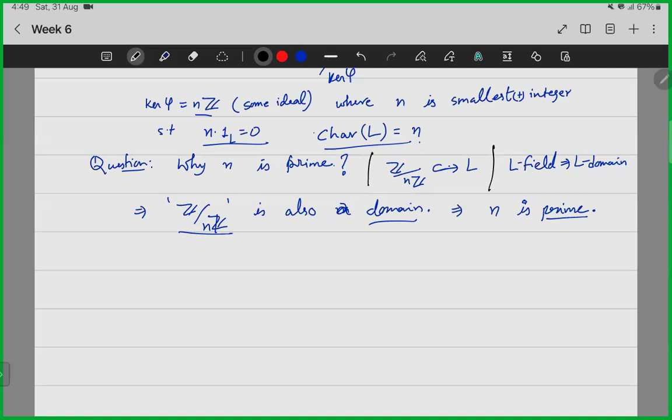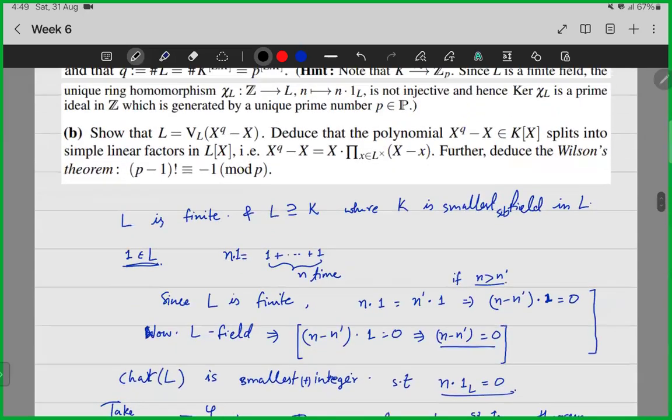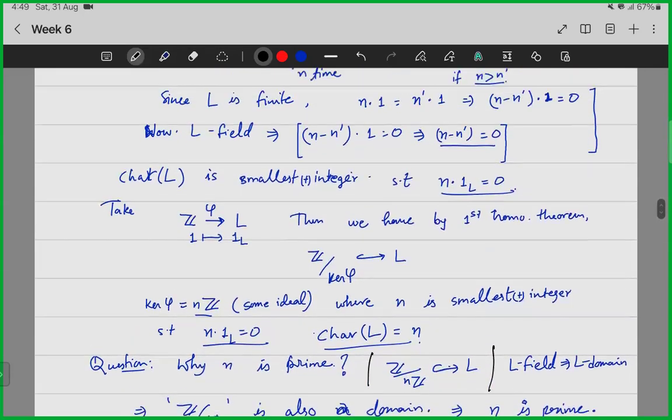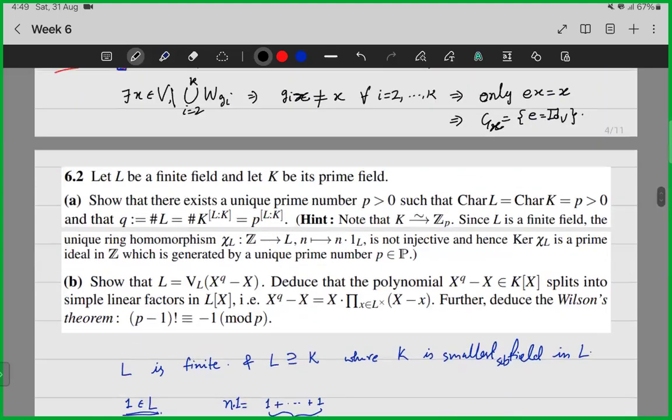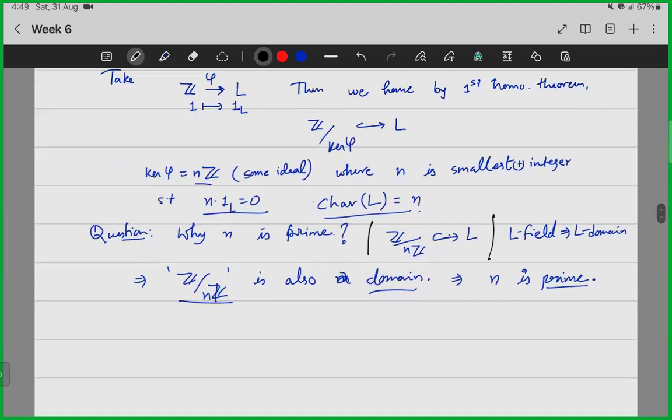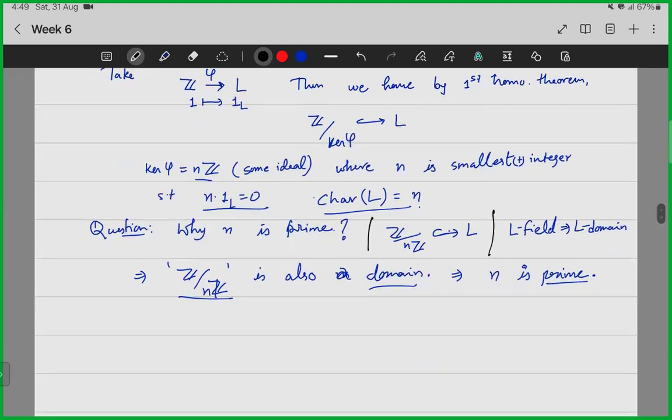Good. So at least we have some description for the characteristic. Okay, no worries. So Z mod NZ is sitting inside L, and Z mod NZ is also a field because N is a positive prime. So this is some kind of Z_P. I'm writing N is equal to P now.